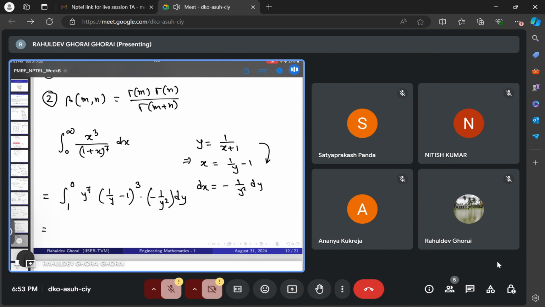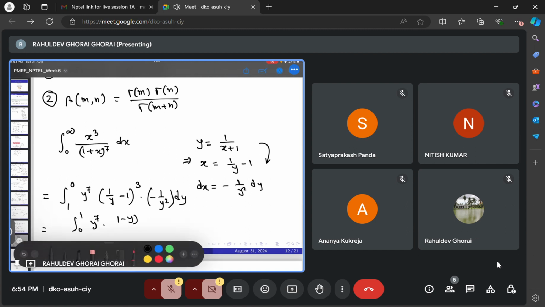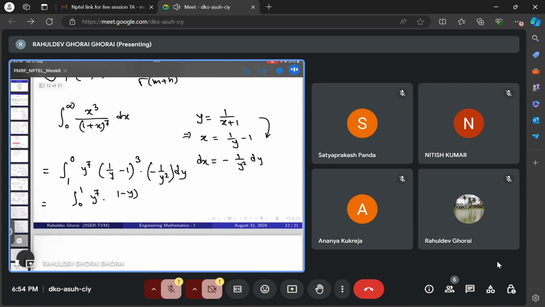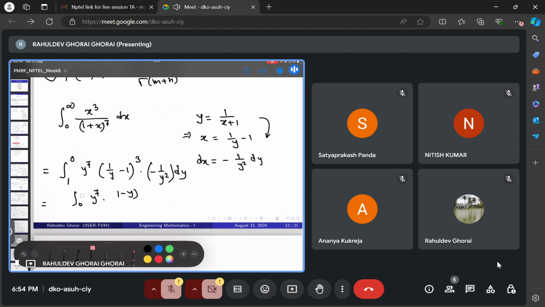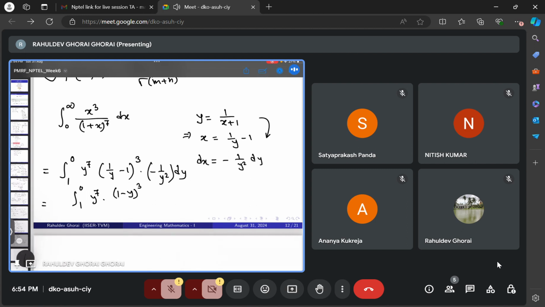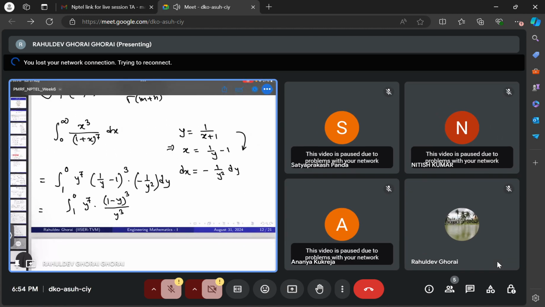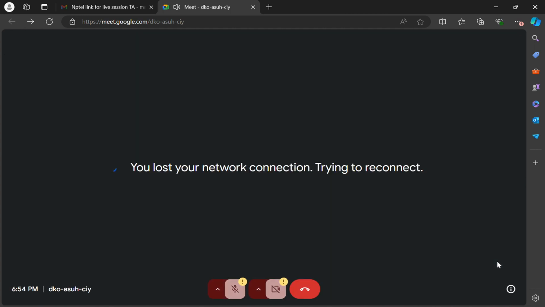So this becomes the integral from 1 to 0 of y to the power 7, times 1 minus y to the power 3 over y to the power 3, times 1 by y square, times negative dy.